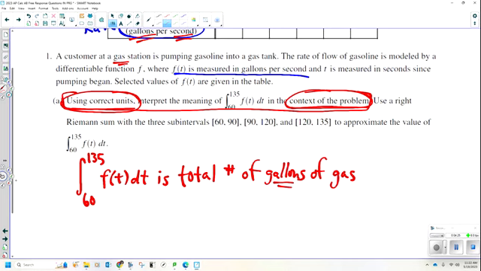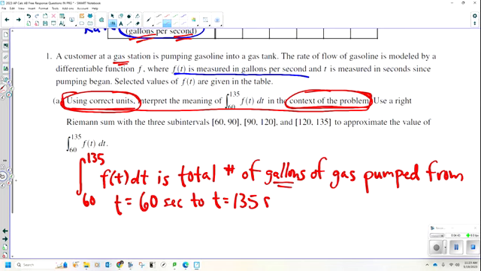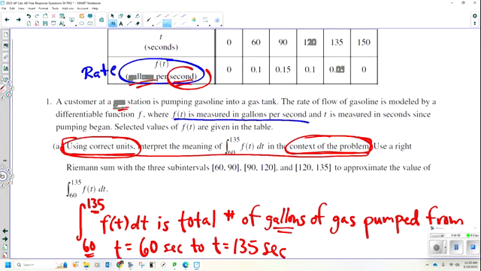So the total number of gallons of gas pumped, because that's what this individual is doing, pumping gas, from time equals 60 seconds to time equals 135 seconds. The 60 and 135, those are my bounds. And how do I know it's time in seconds? Well, there's multiple places. Right here in the table, our rate is per second. It tells us in the problem number 1, time is measured in seconds. Okay, so several places. That's the first part.